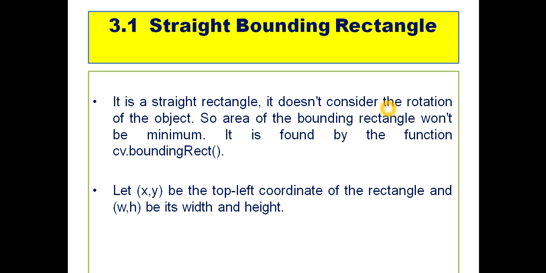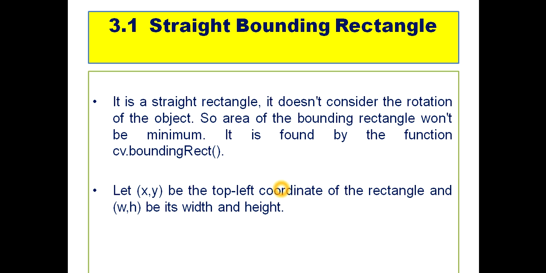It does not consider the rotation of the object. So the area of the bounding rectangle won't be minimum, obviously, and it is found by the function cv.boundingRect. Its area will not be minimum because it is considering the whole straight rectangle, not considering the rotation of the object.